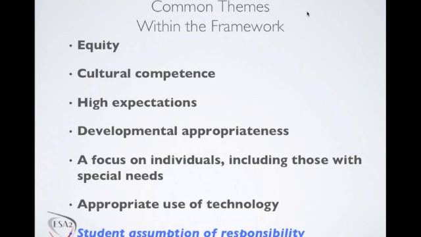So we understand our different students' cultures, and we value each of them. Along with that, we have high expectations for all students, for those who are gifted, for those who struggle, for those who are easy to have in the classroom, and those who are more difficult to have in the classroom. Everyone has high expectations.